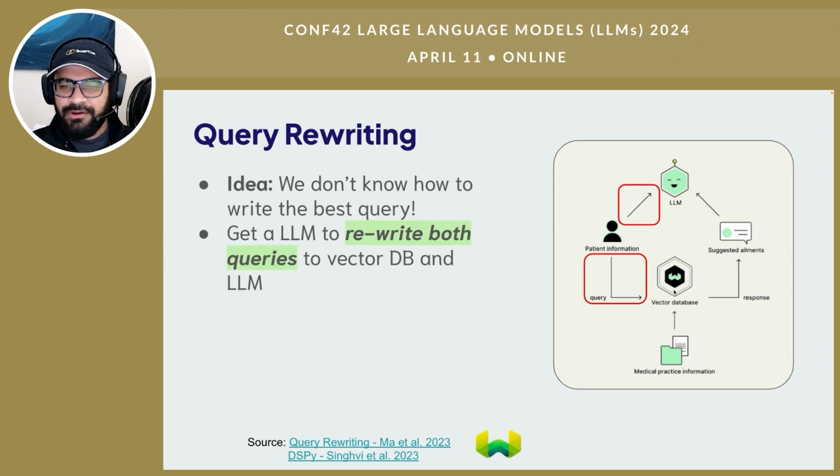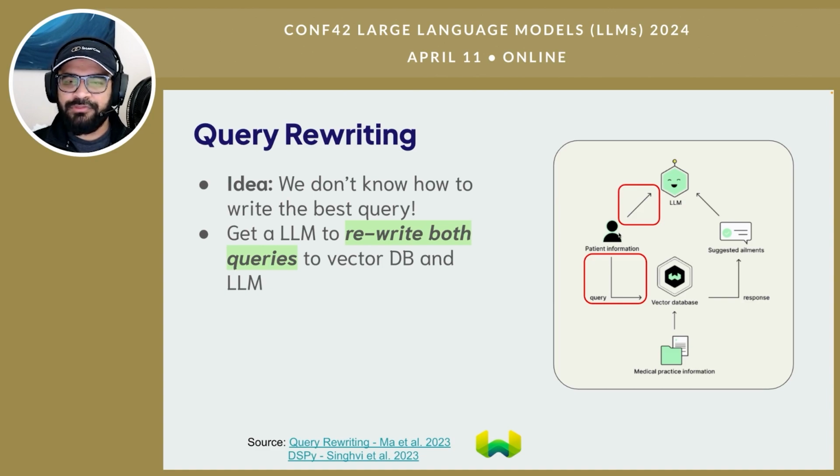And so the idea here is we want to rewrite the query optimally for a vector database to retrieve the most relevant articles. But not only that, but we also want to rewrite how we prompt the language model to solve the problem. So we might not trust our ability to prompt engineer properly.